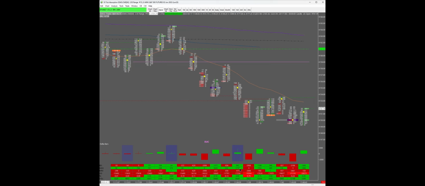Your max delta 1710. Minimum's negative 650. So they had tried to pull this up, but failed. And then you can see what we're doing right here on unfinished auctions, market order. Alright, strong negative delta.